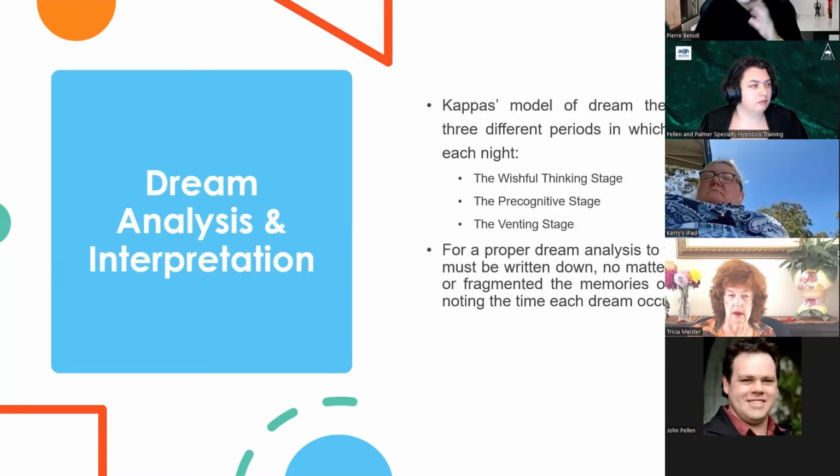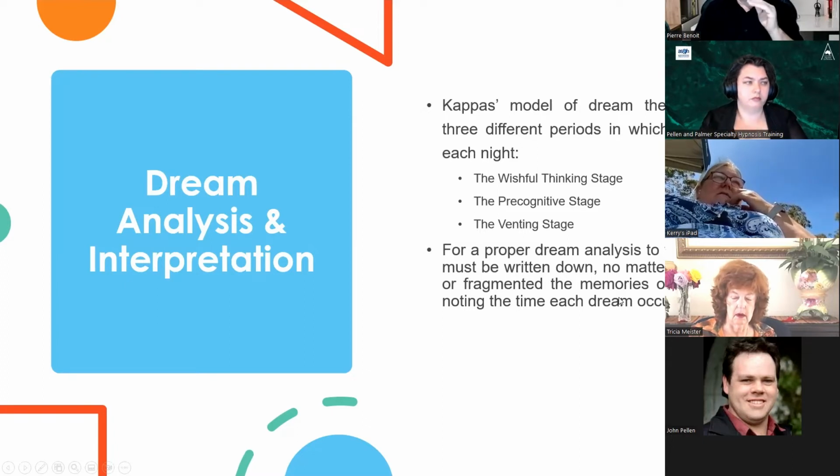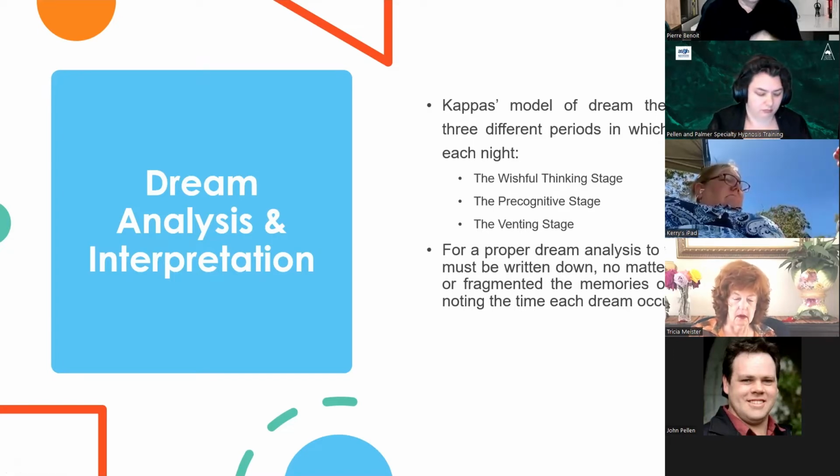The length does not matter, it works the same way, but it needs to be written down. And the reason I ask for noting the time of each dream is because it helps me identify into which stage the dream occurred, and if it's actually a dream that we can use in the therapeutic process.